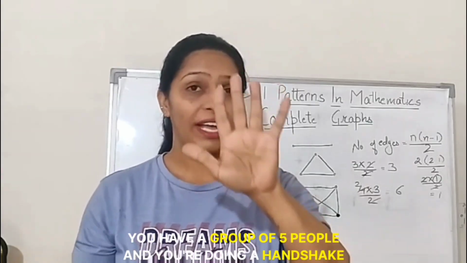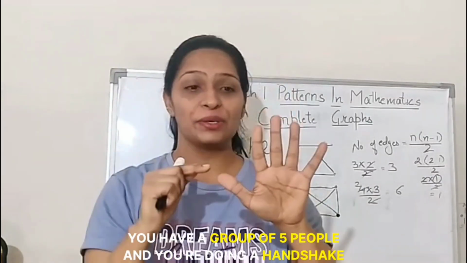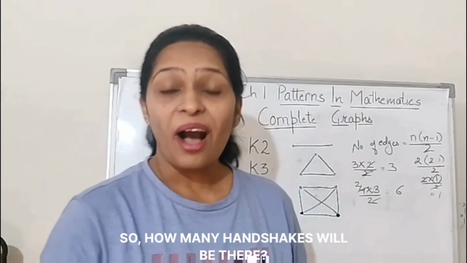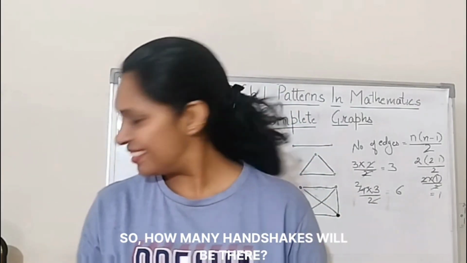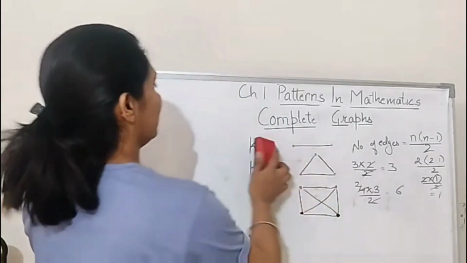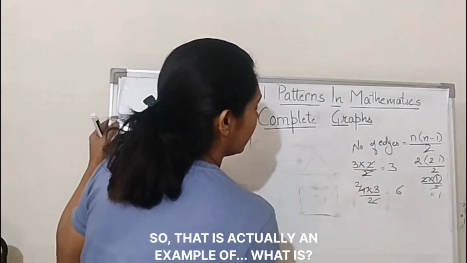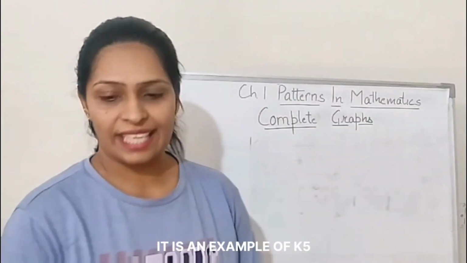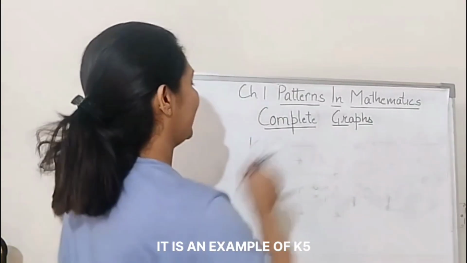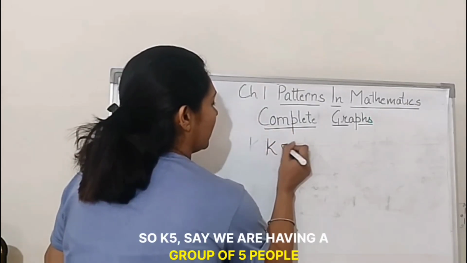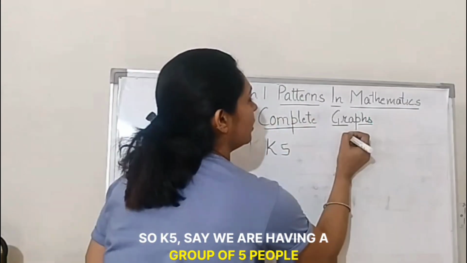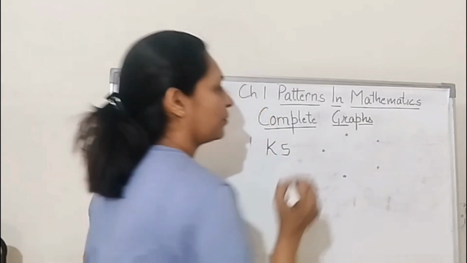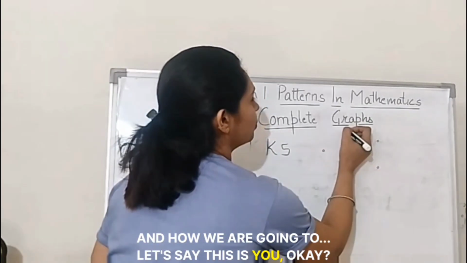You have a group of 5 people and you're doing a handshake with every one of them. So, how many handshakes will there be? Come on, tell me. That is actually an example of K5. So say we have a group of 5 people, and let's say this is you.